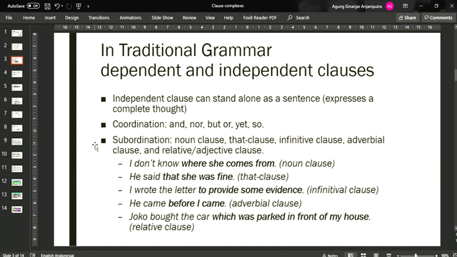For example, "I love playing football." Then "playing football" can be considered as a dependent clause. Or "going to school is my activity every day." That's "going to school," a dependent clause.